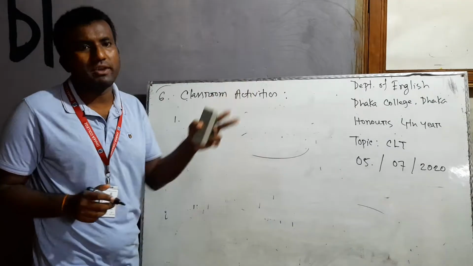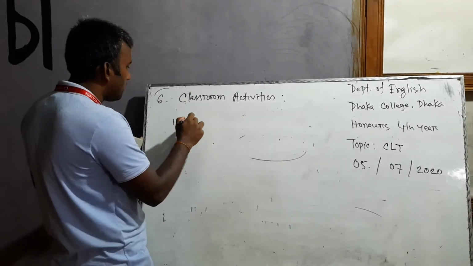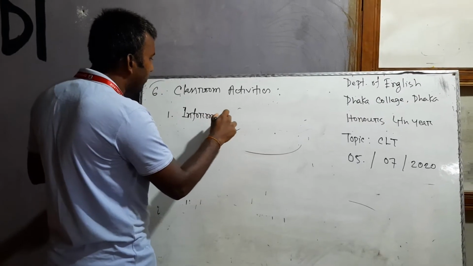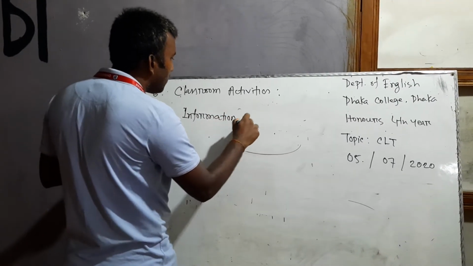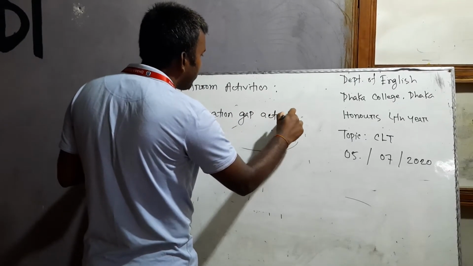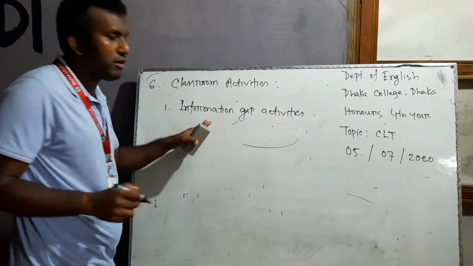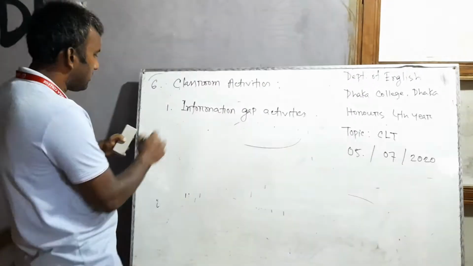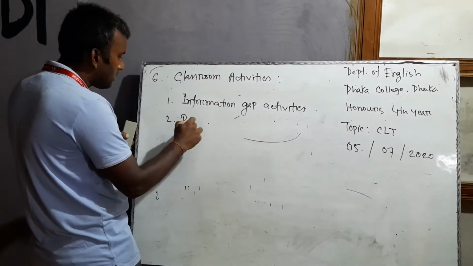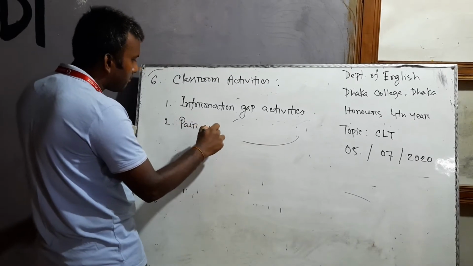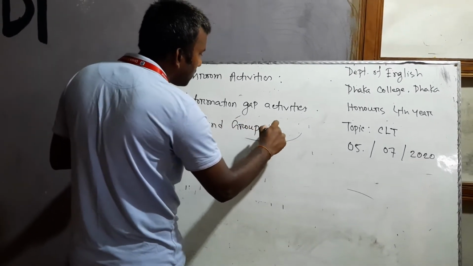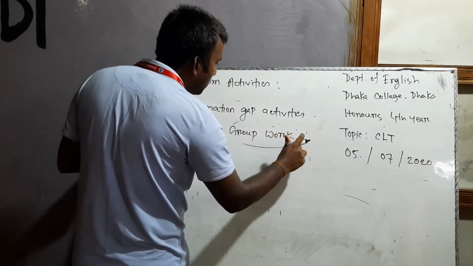The first classroom activity is, we can call it, information gap. Information gap activities. Number 2 is called peer and group work.